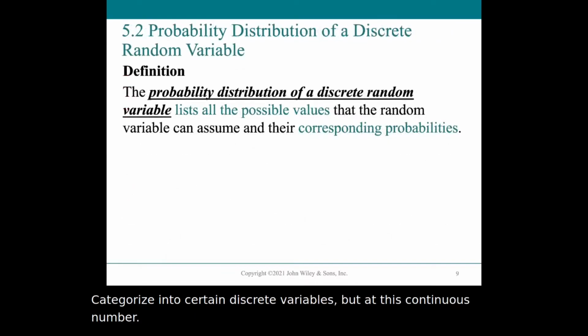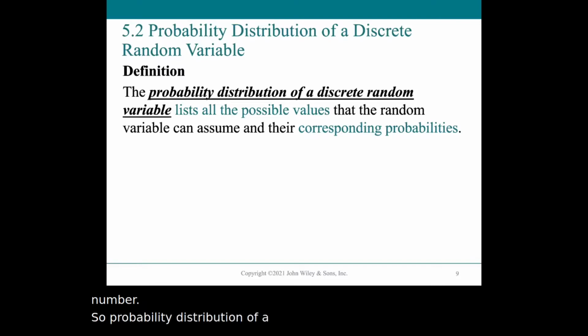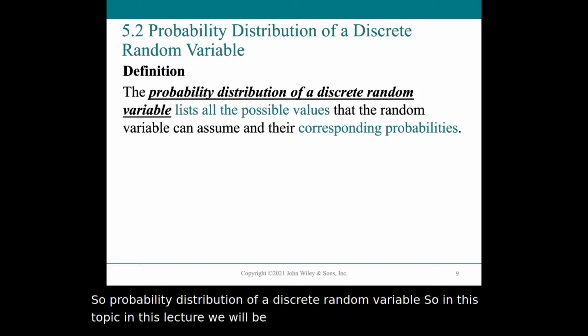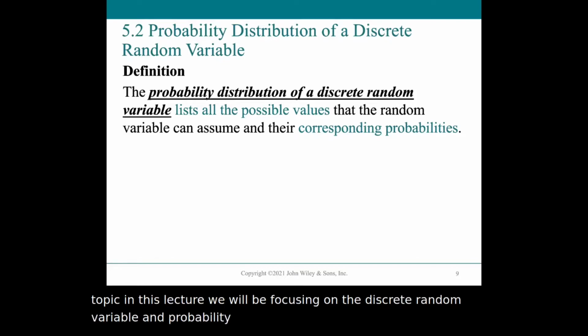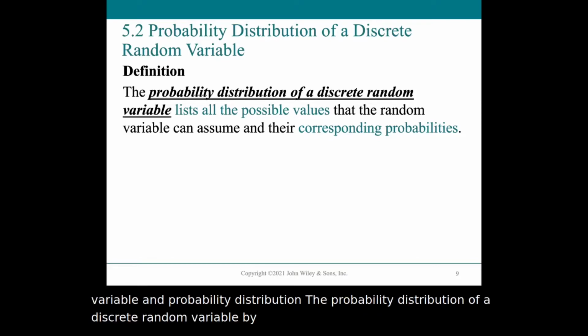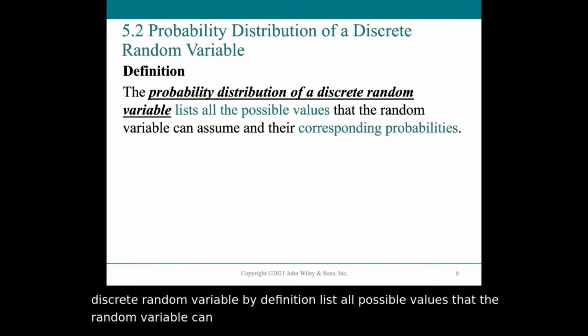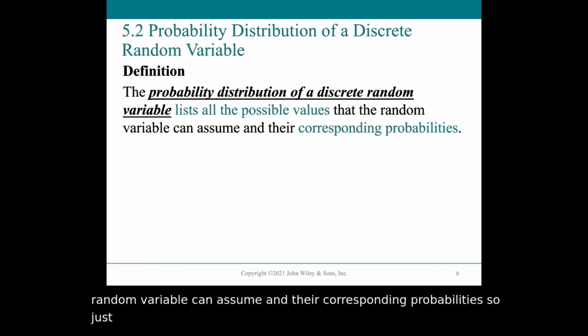So, the probability distribution of a discrete random variable. In this lecture, we will be focusing on the discrete random variable and its probability distribution. The probability distribution of a discrete random variable, by definition, lists all possible values that the random variable can assume and their corresponding probabilities. Just a recap from your previous lecture, we will be applying here the idea of probability.